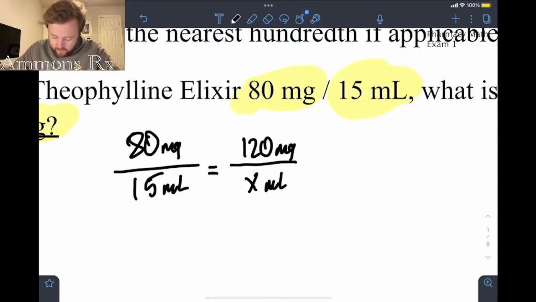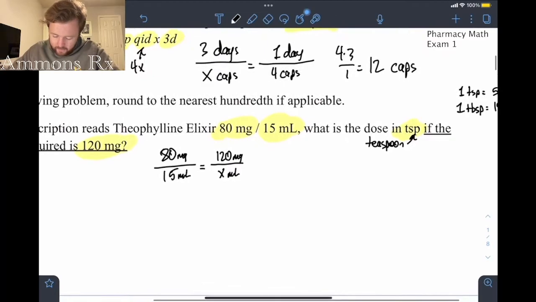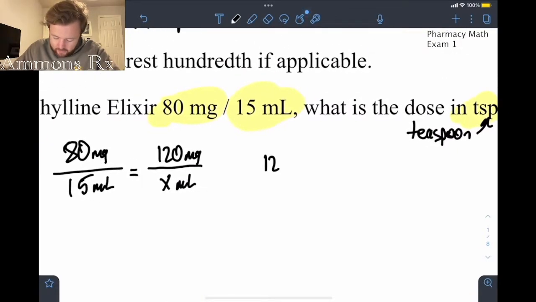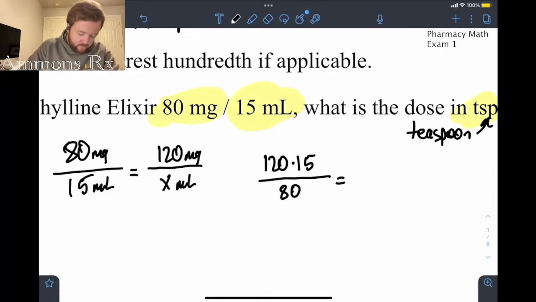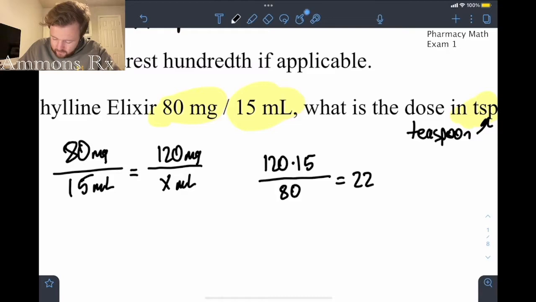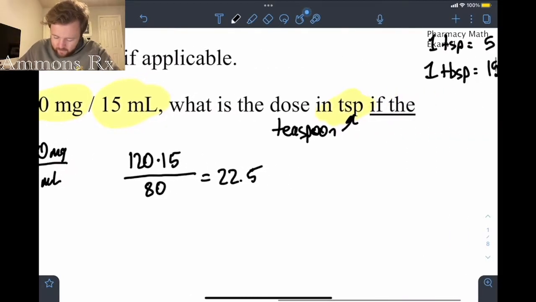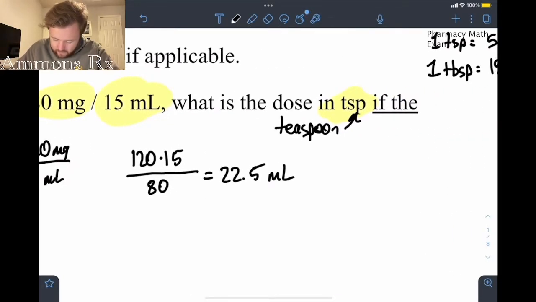We don't know how many mils that's going to be. Okay, so it turns into 120 times 15 divided by 80. 22.5 mils.